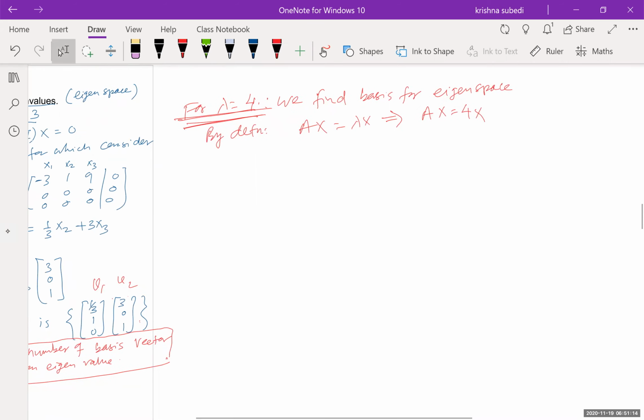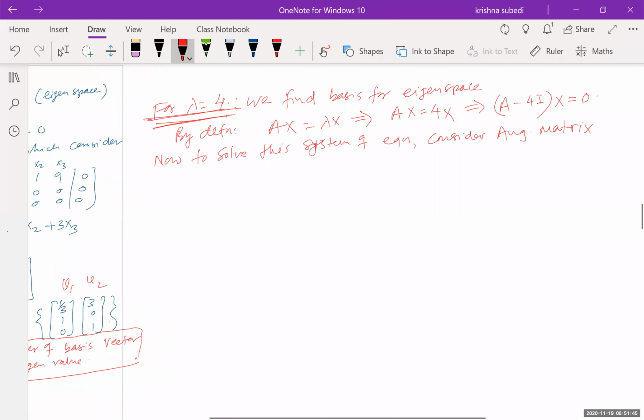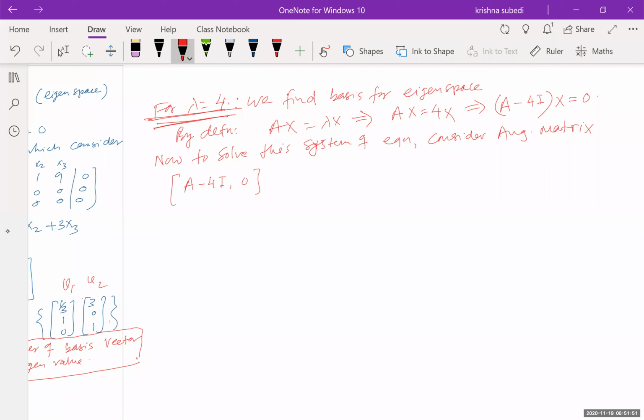This gives (A minus 4I)x equals 0. Now we need to solve this system. To solve it, consider the augmented matrix A minus 4I and 0.